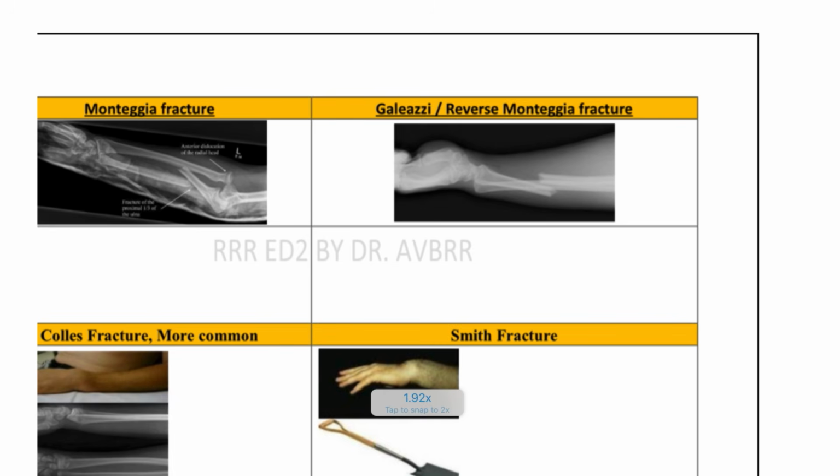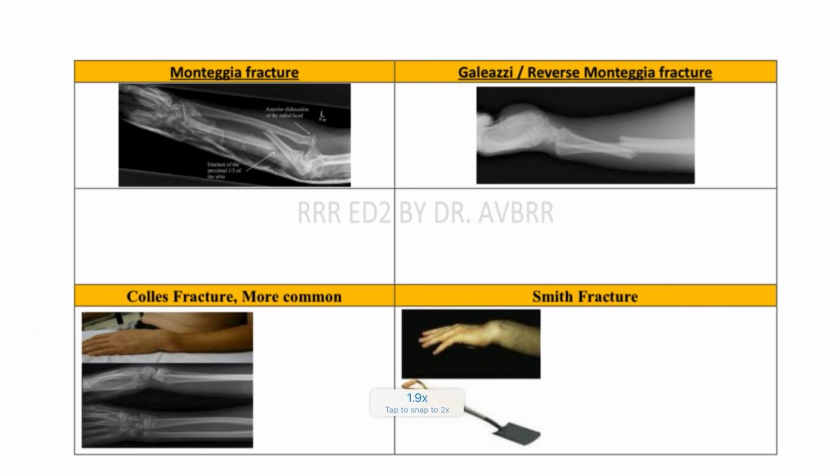Next, coming to the Monteggia. Monteggia fracture or the Galeazzi fracture. So first picture is a Monteggia fracture. Monteggia fracture involves the upper third of the ulna plus proximal radial displacement.